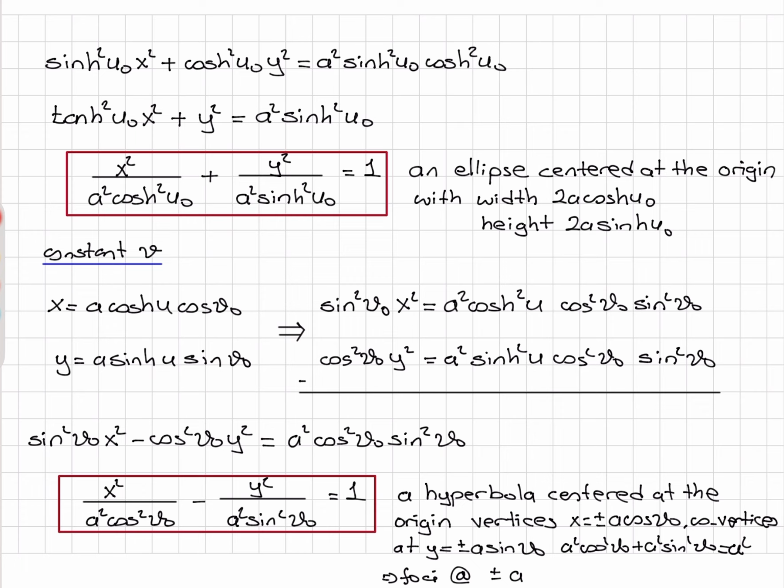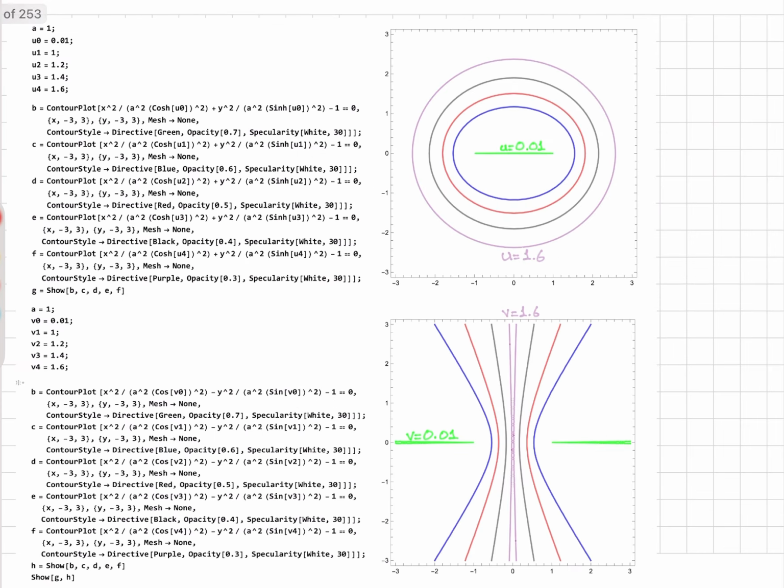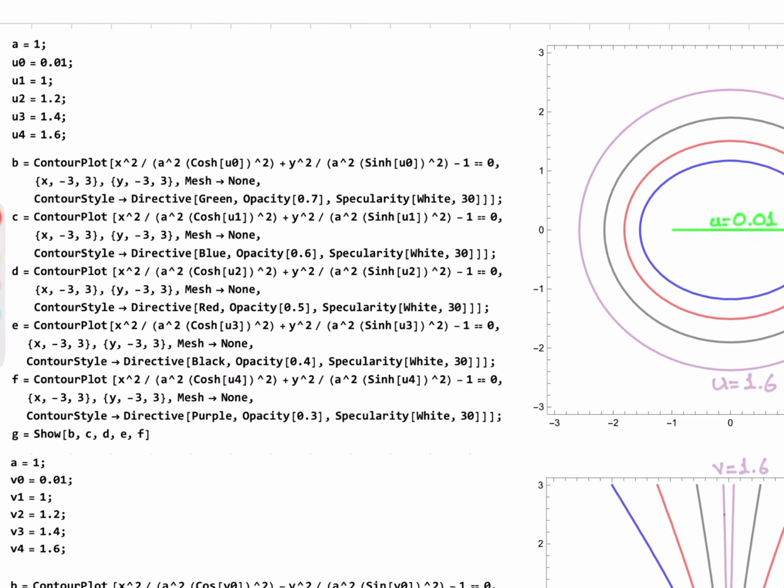So that gives me sine square v0 x square minus cosine square v0 y square equals to the right hand side with this cosine hyperbolic square minus sine hyperbolic square being 1. And dividing the left hand side with the right hand side, I obtain the equation of a hyperbola centered at the origin with vertices plus or minus a cosine v0, co-vertices plus or minus a sine v0, and focus points at a.